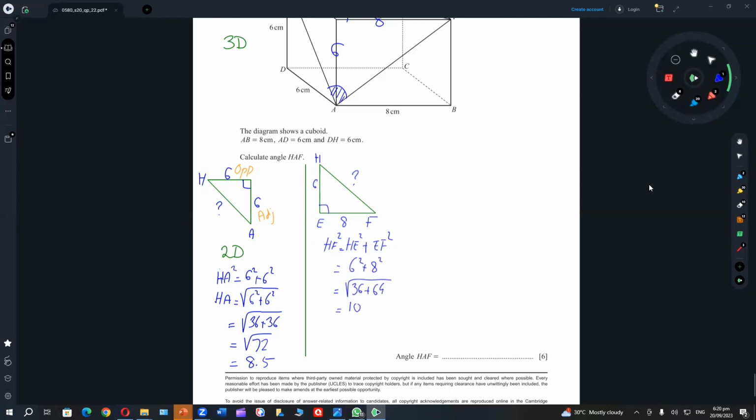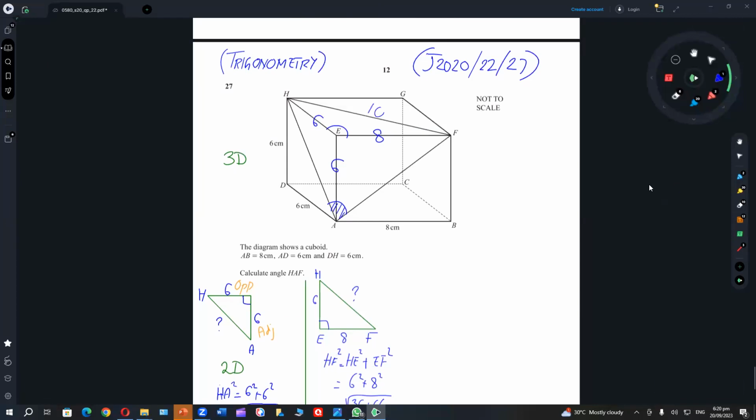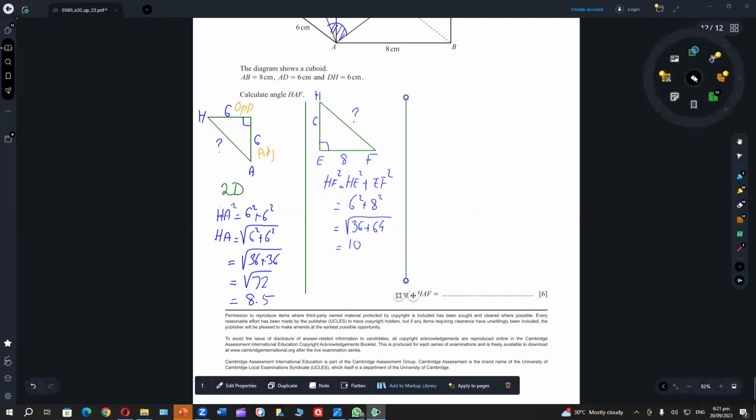This part is coming 10. Yes, it has the value of 10. Now consider AFB. I'm looking for AF now. But in AFB the sides are the same. Sides are looking the same. It will be 10 again.